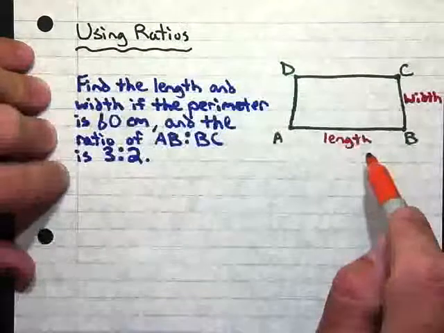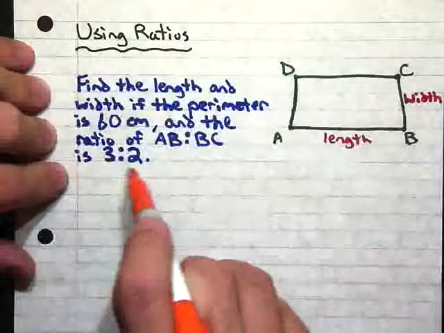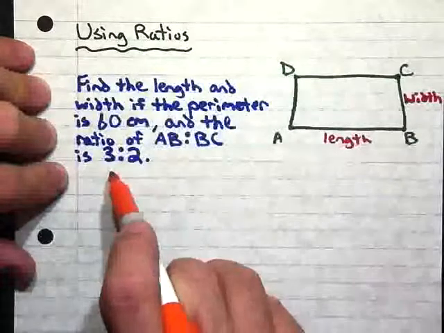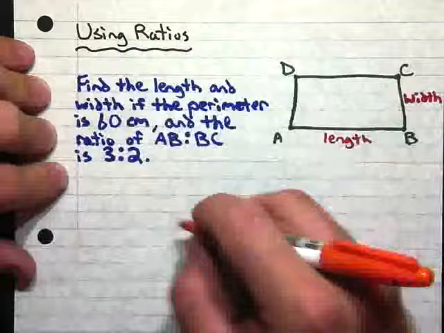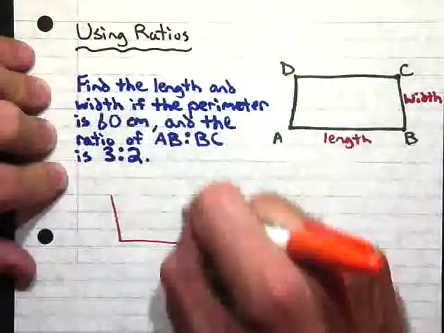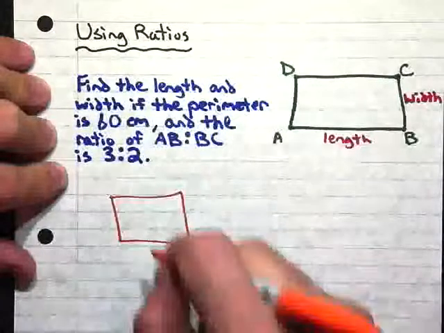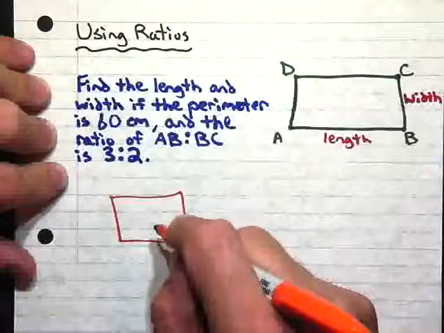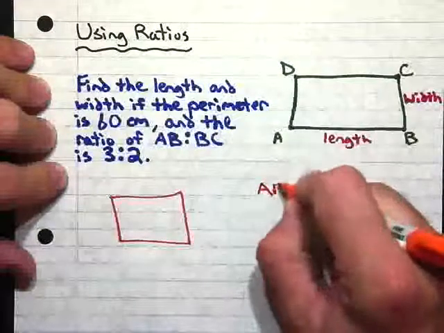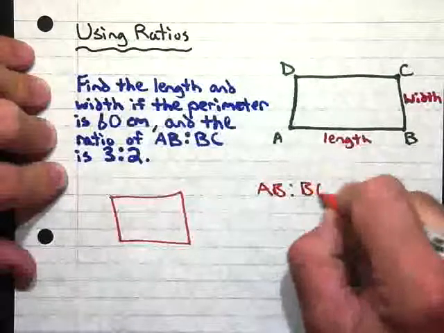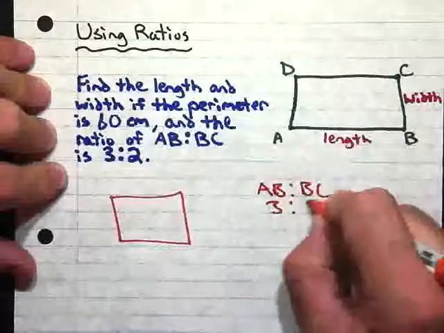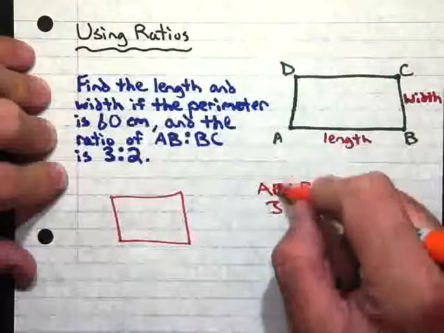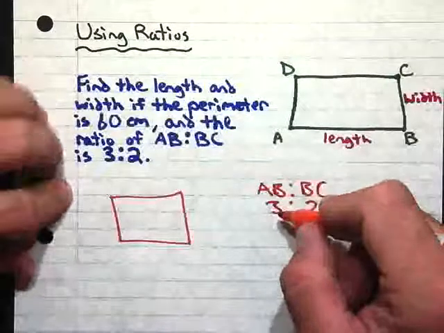Because our ratio is 3 to 2, what we're going to do is redraw our rectangle. You can see here's AB to BC, and our ratio is 3 to 2. So AB and 3 correspond to each other.